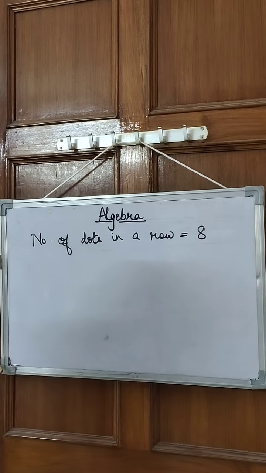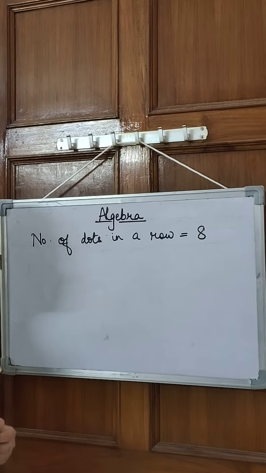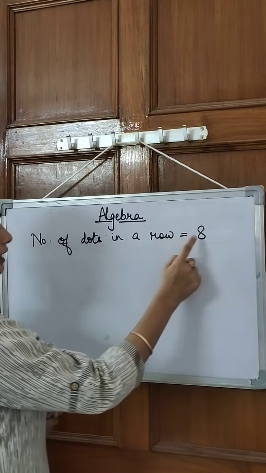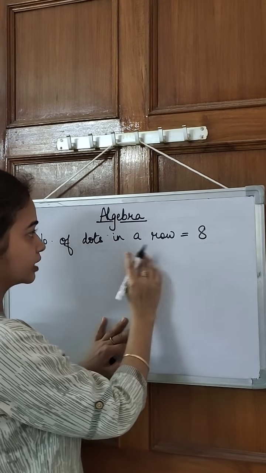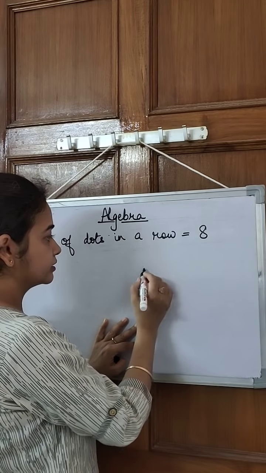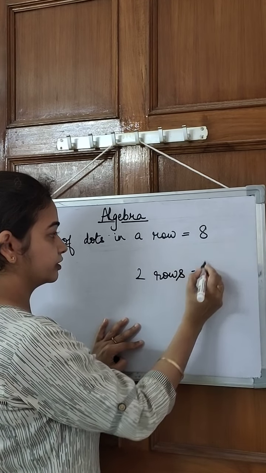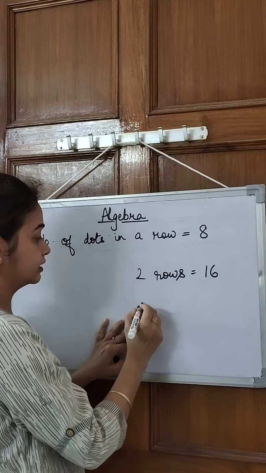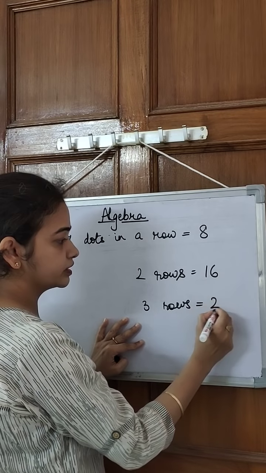Now what they are asking is: how many dots will her rangoli have for R rows? This means they are asking in general, if in one row it is 8, then in two rows it will be 16. Yes, in three rows it will be 24.